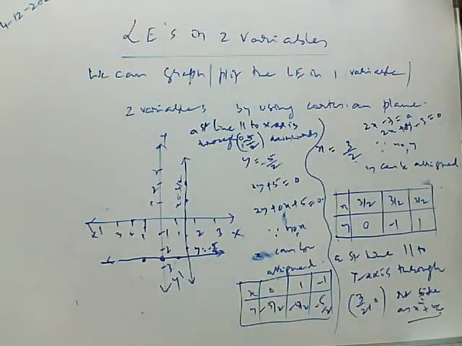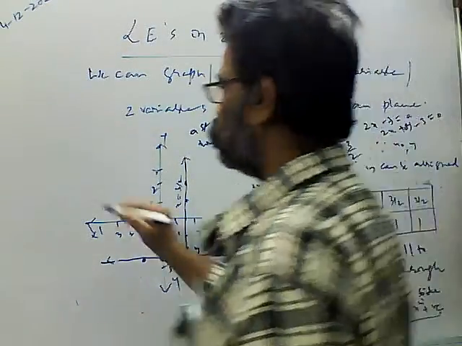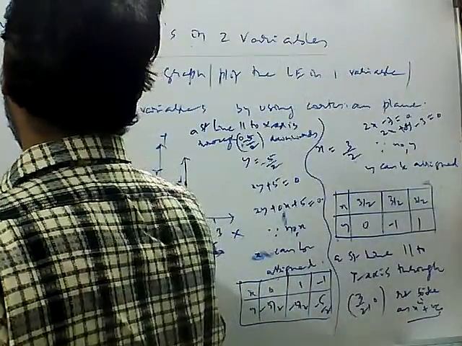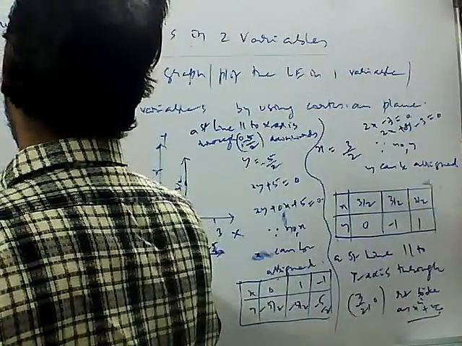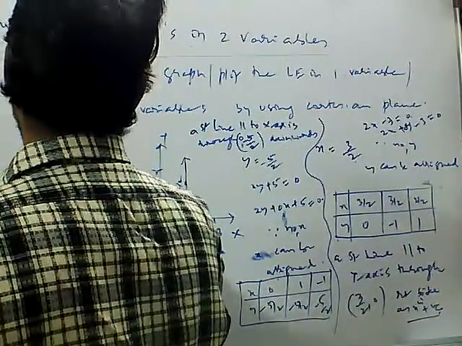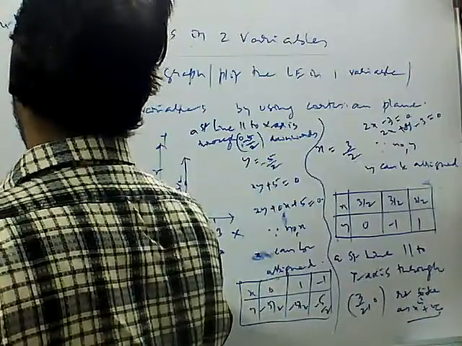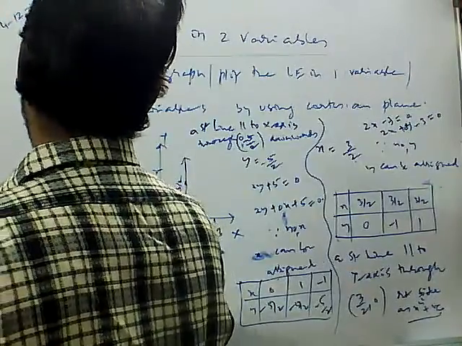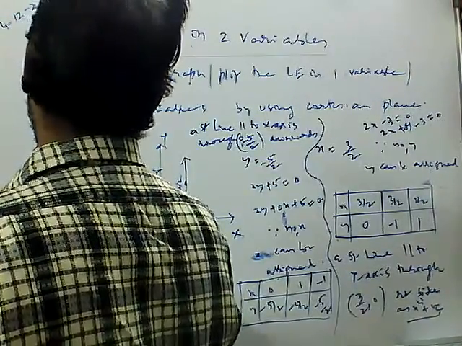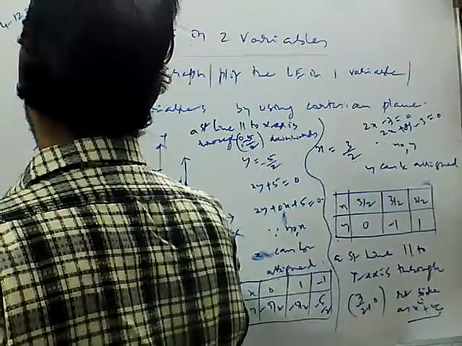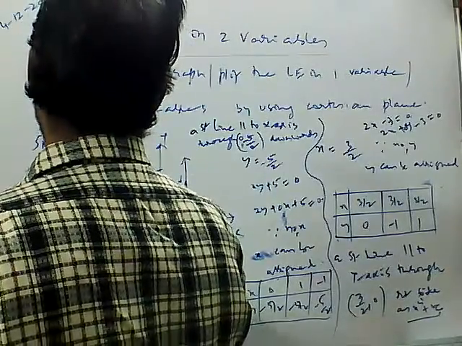Understood now? Similarly, for x equal to a positive value, we get a line parallel to the y-axis on the right side; for negative, on the left side.